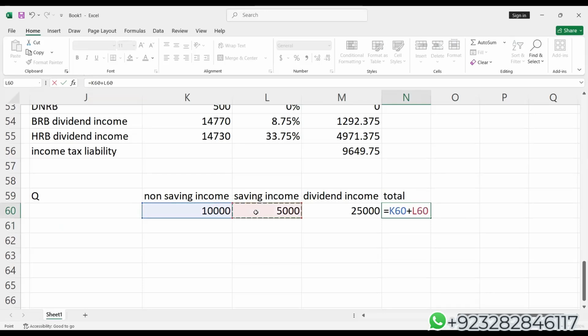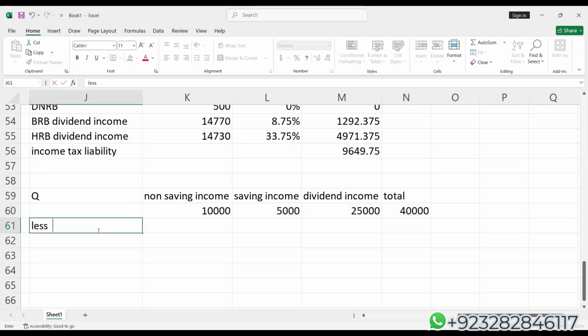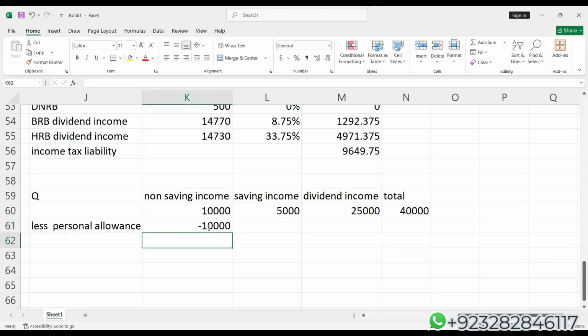10,000 plus 5 plus 25, 40. Now let's deduct the personal allowance. Of course, 10,000 from here, but now stop.